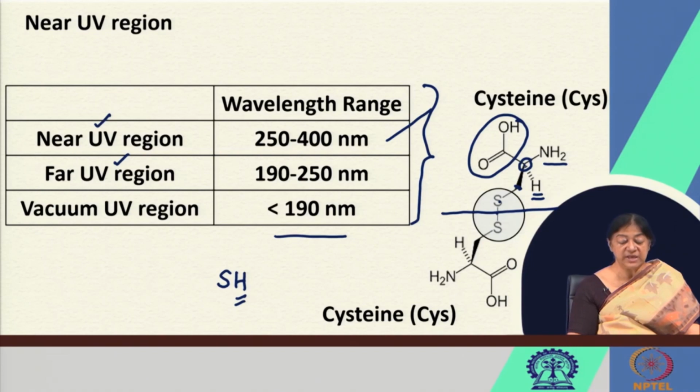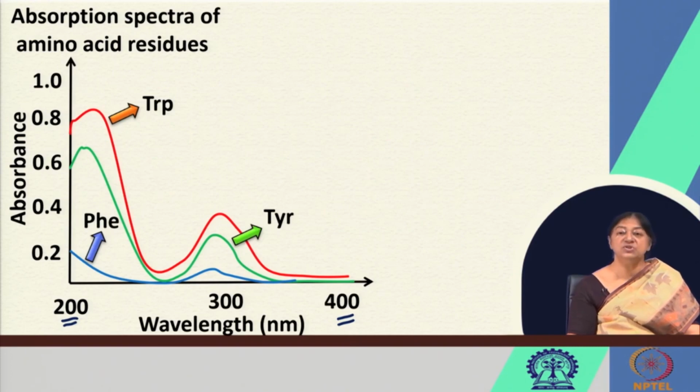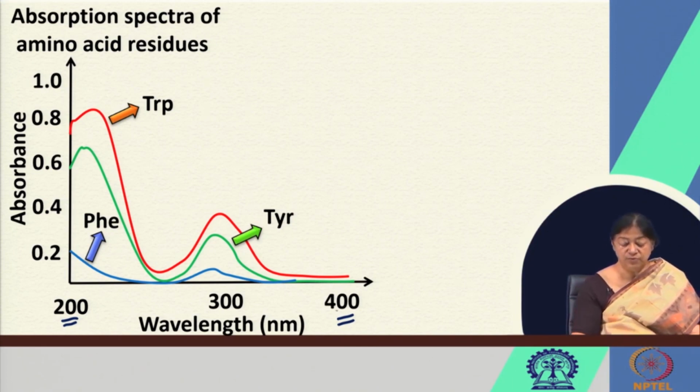Which region are we scanning? We are scanning around the near UV region. Why do we want to do that? We want to see whether we get any specific absorption due to the scanning. What do we see? Yes, we do have absorption associated with the scanning from 200 to 400 nanometer, and we see an absorption around this region.